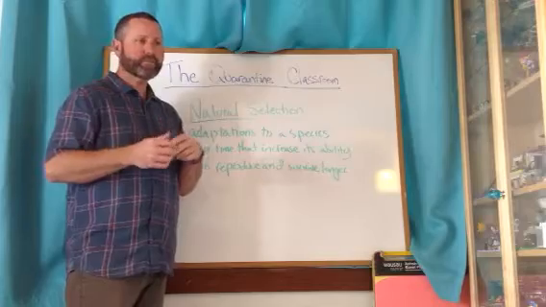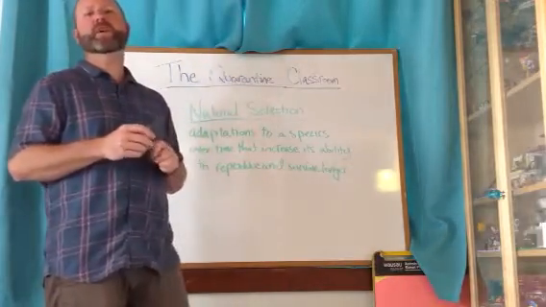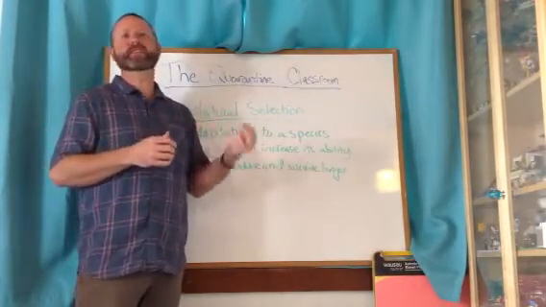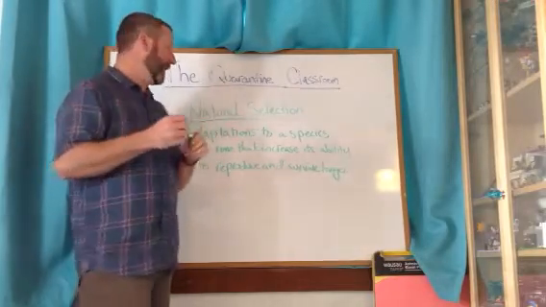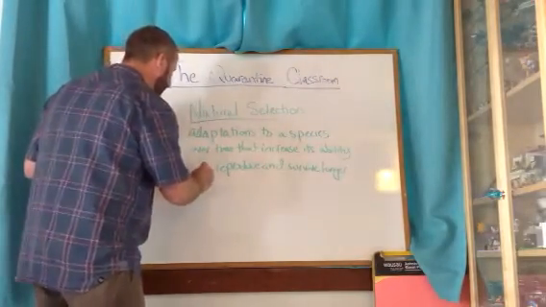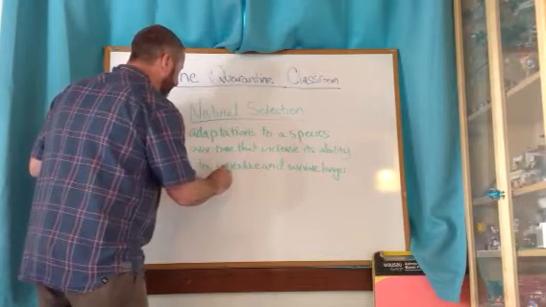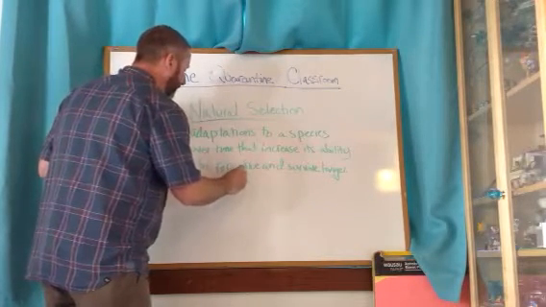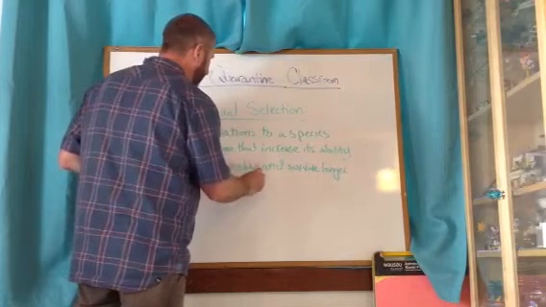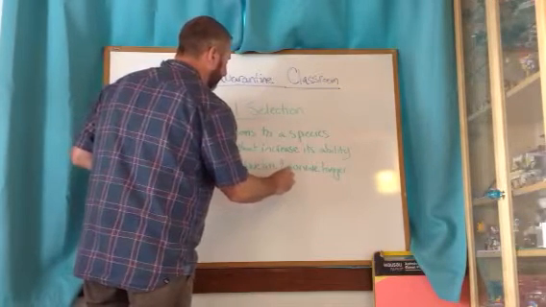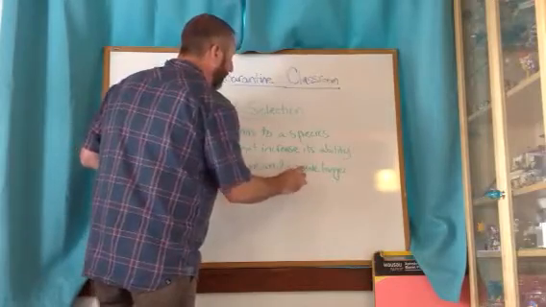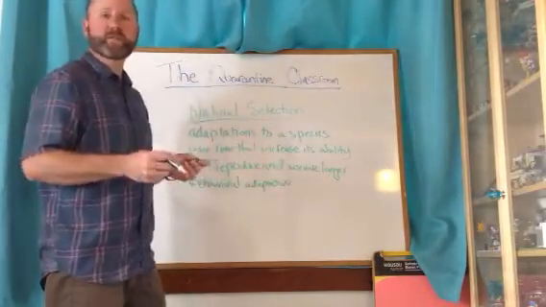Okay? So what I'm looking for is for you to come up with a couple of species that you can demonstrate some of those adaptations. There's three types, right? There's behavioral adaptations, and behavioral adaptations are adaptations to behavior.